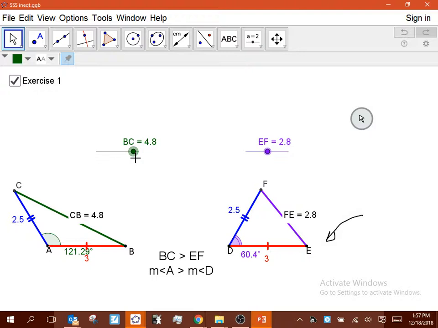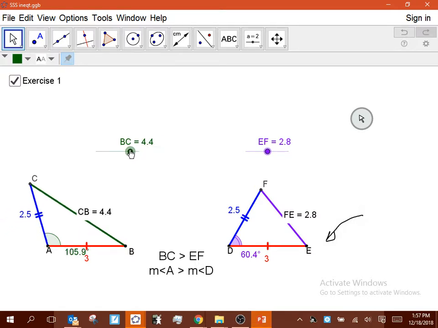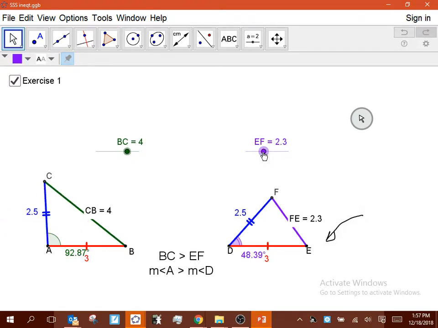And you can even start to see that with 2.8 and 4.8, the lengths of those things, let's say I go to 4 and make this one go to 2.